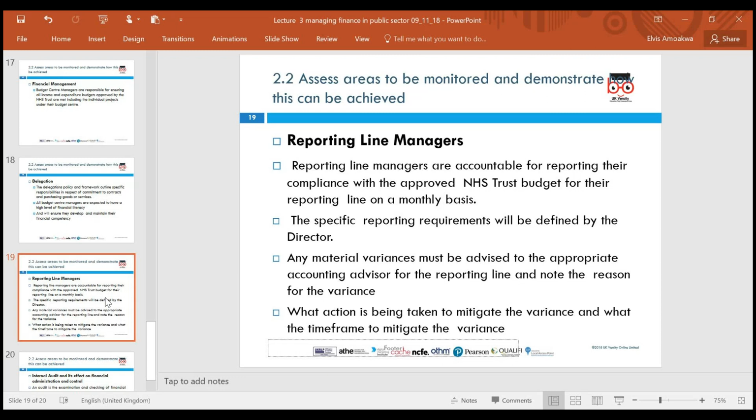There are specific reporting requirements which will be defined by the director in charge. Any material variance or difference must be advised to the appropriate accounting officer for the reporting line, and the reason for any variation noted. Then any action being taken to mitigate any variance, and the time frame to mitigate that variance.